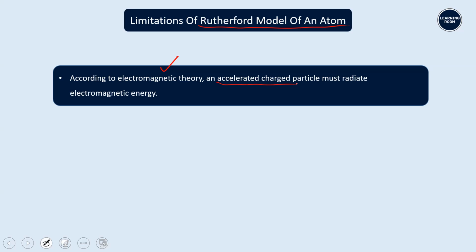I repeat, if you revisit the concept of EM waves, the source of an electromagnetic wave is an accelerated or oscillating charged particle, right? An accelerated charged particle must radiate electromagnetic energy.